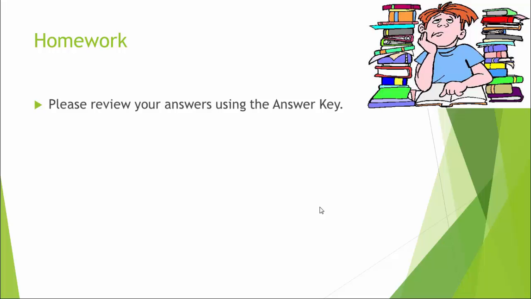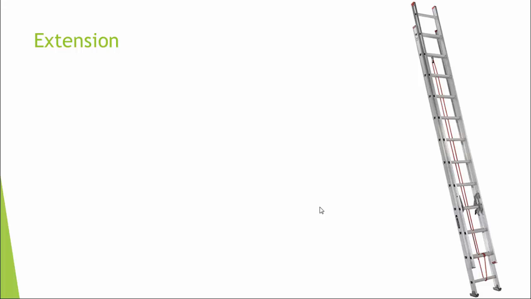Okay, so for your homework, please go through and work through as many of those problems as you feel you need to, and check your answers using the answer key. Now for fun, you probably remember quite well our discussion about IP addresses.